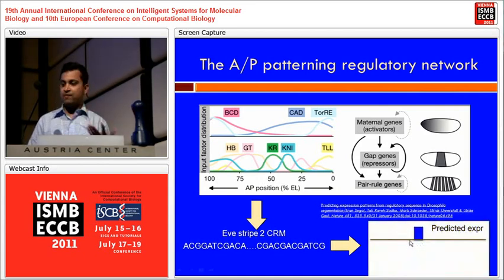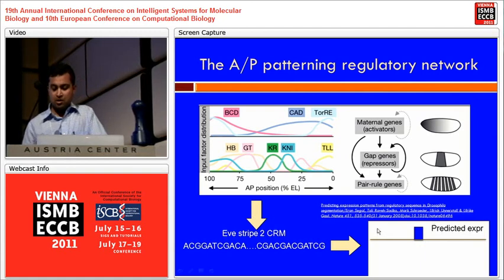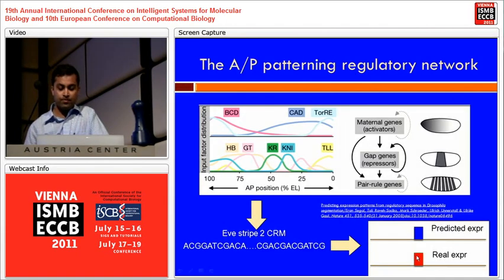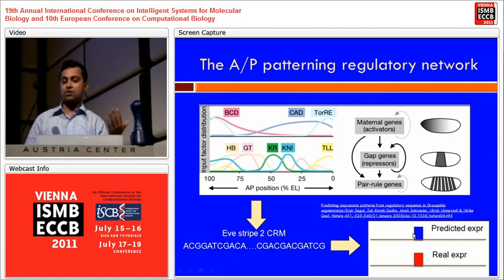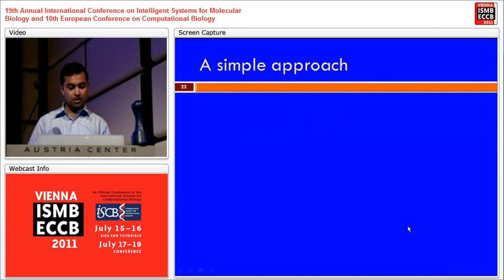And in fact, we'll simplify the problem by boiling it down to a one-dimensional expression pattern. That is, instead of looking at every nucleus, the E-stripe 2 pattern will be simplified as being expression at this interval along the axis, and the goal would be to predict the correct location of the expression.